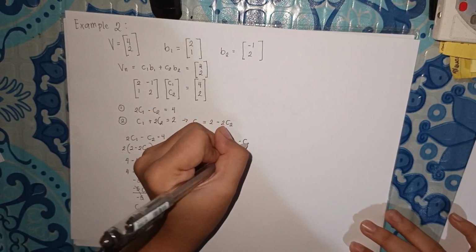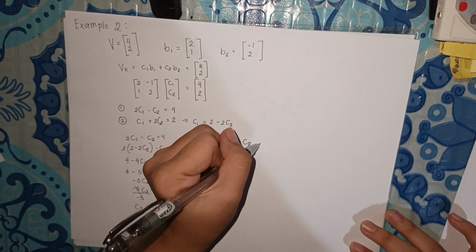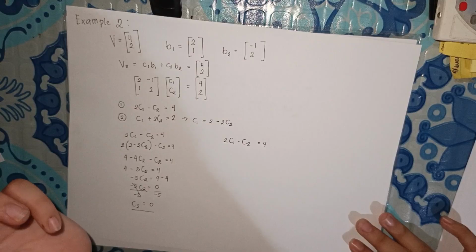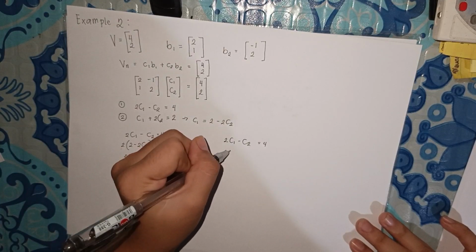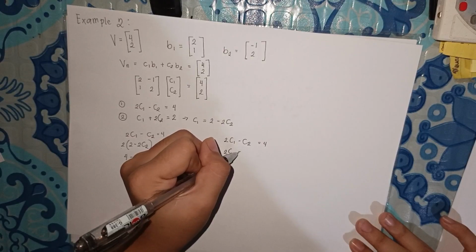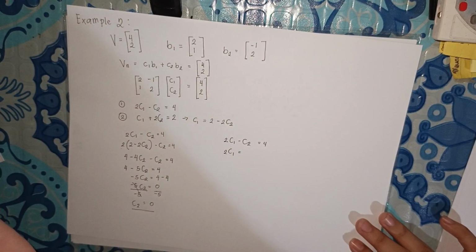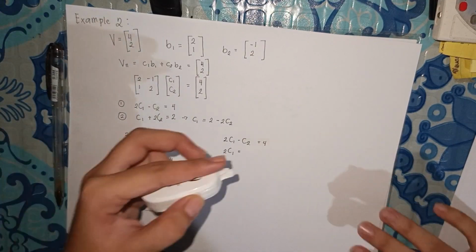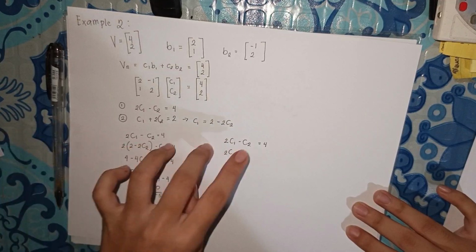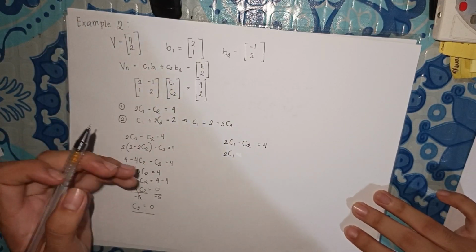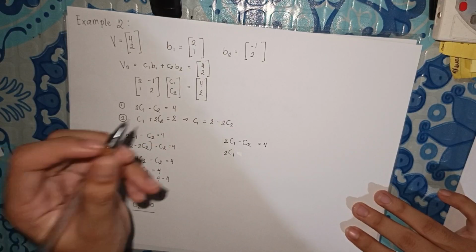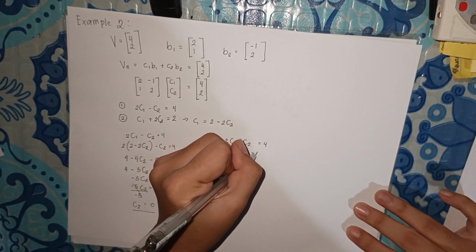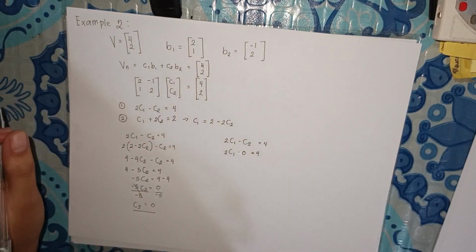2 C1 minus C sub 2 is equal to 4. So 2 C1, then substitute the value of C sub 2, which is minus 0, is equal to 4.